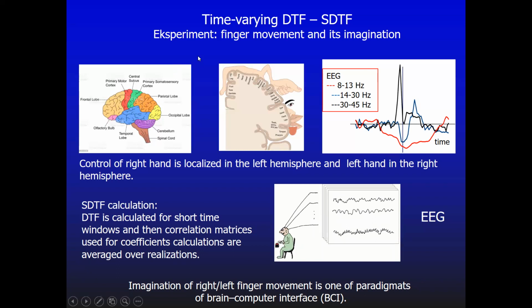And as I mentioned, especially high frequencies are damped. So there is a lot of work connected with solving the so-called inverse problem, that is finding the sources in the brain based on the measurement on the scalp.